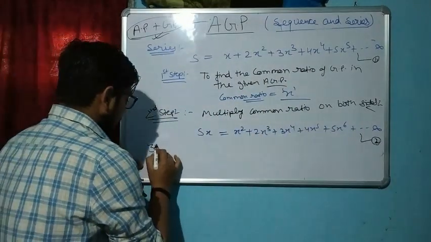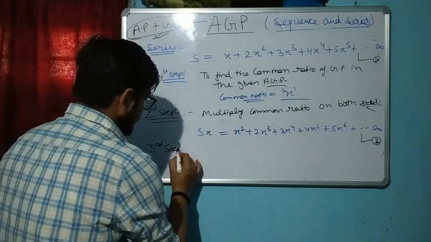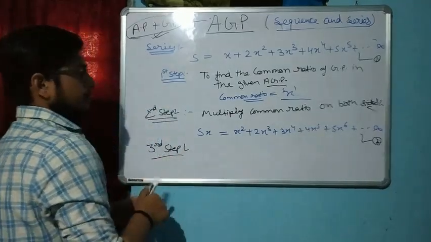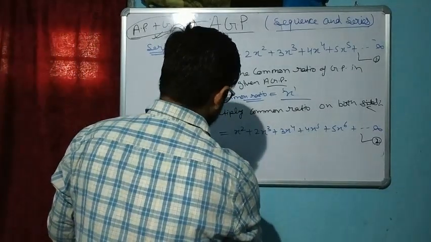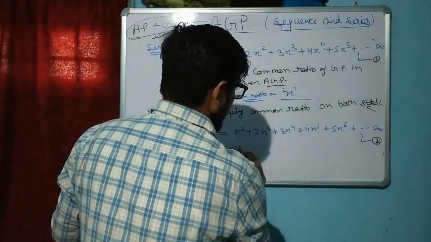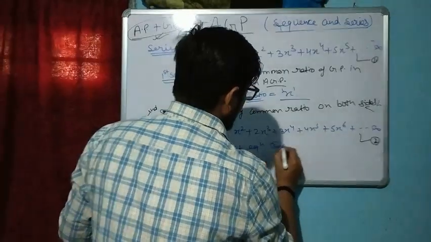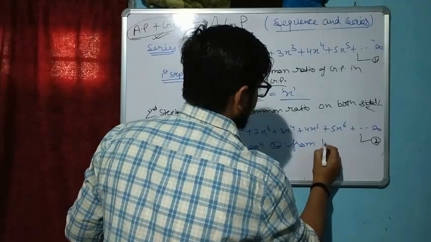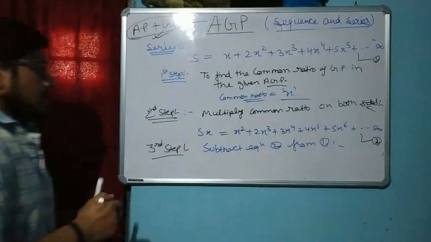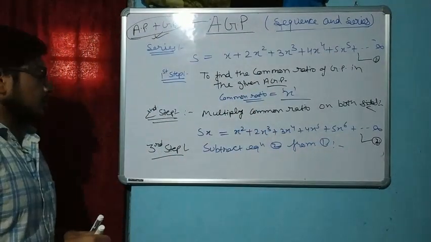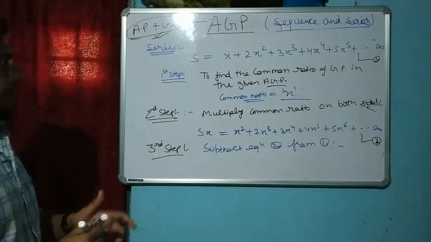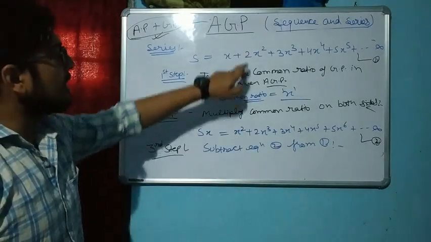So the third step is to subtract equation number 2 from 1. The subtraction that we need to do is to subtract only like terms.